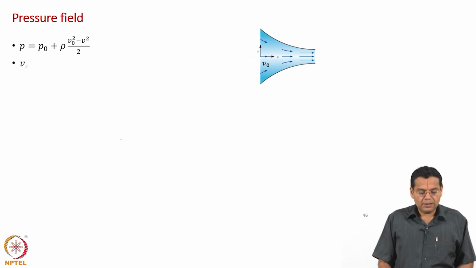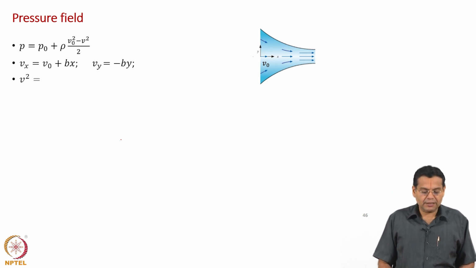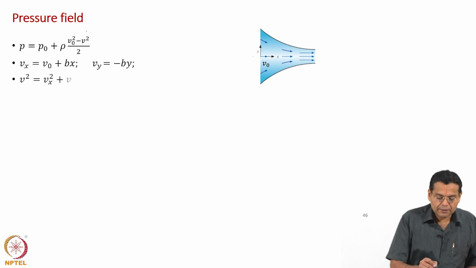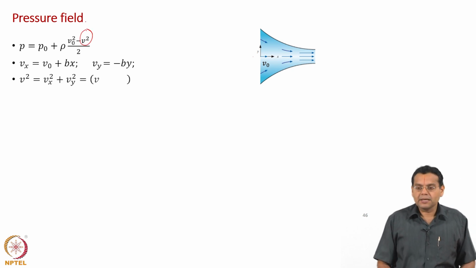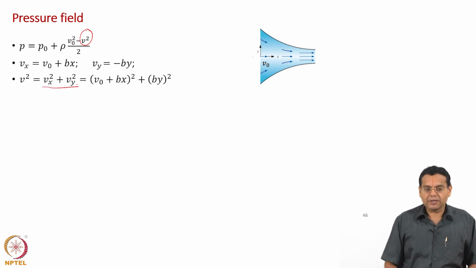Okay. Now, we are given the velocity field, which means we know V x as V naught plus B x, we know V y as minus B y. Small v represents the magnitude of velocity at any point x comma y. So, how do you find out v squared, which is V x squared plus V y squared.